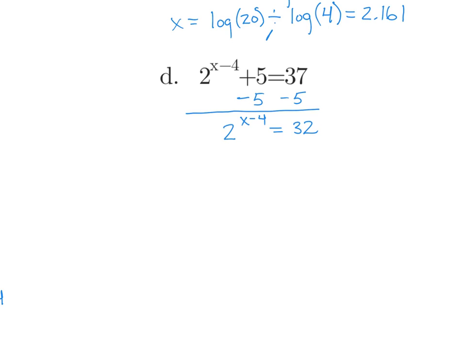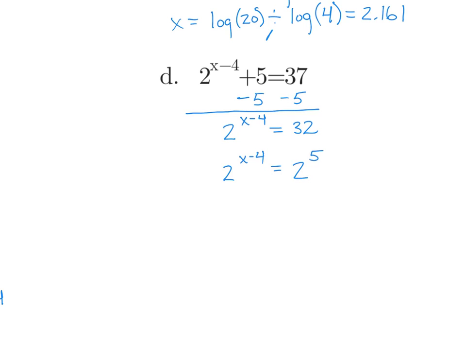Now in this one, you can go ahead and use logarithms to solve, but 32 can actually be written with a base of 2. So I can write this as 2 to the 5th.